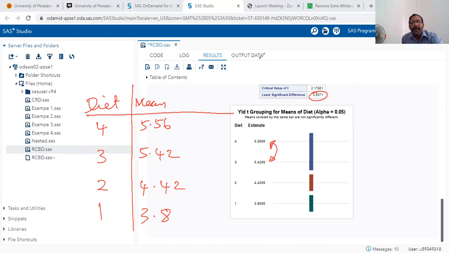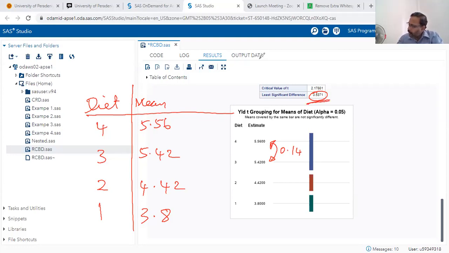Estimate difference between 4th treatment and 3rd treatment. What is the difference here? Anyone? 0.14. Here 0.53 is the LSD value. So the LSD value is higher than the difference, so there is no difference between the fourth treatment and the third treatment.